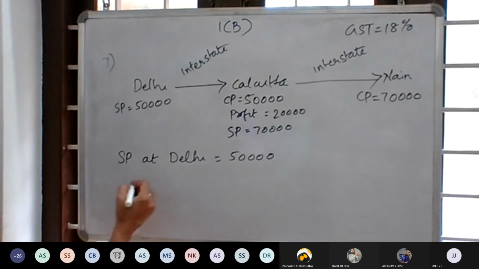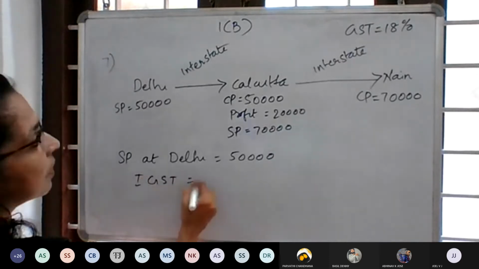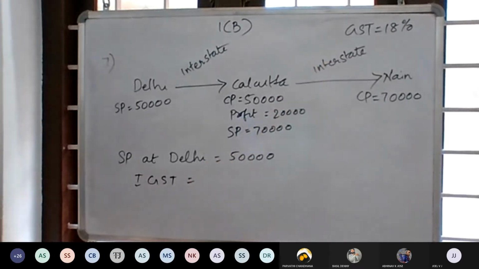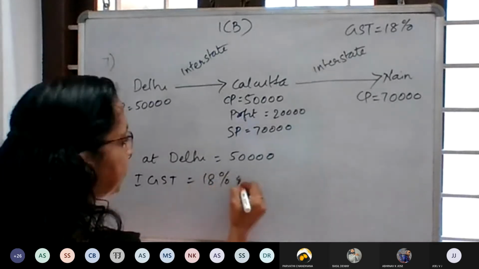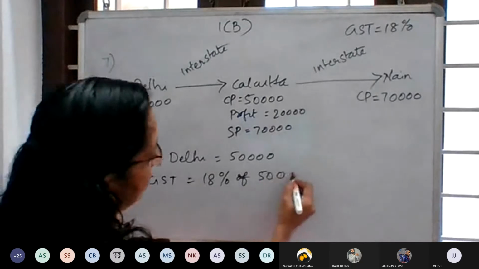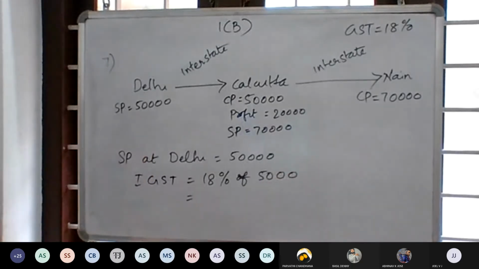Interstate transaction means we have only IGST. So now the IGST of 50,000 at 18%.